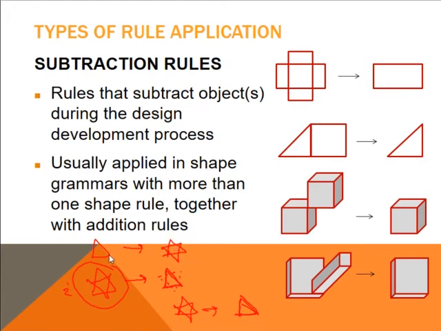For rule number 1, you have a triangle, and you apply the rule: you add another triangle in a different orientation to the original triangle, so you get a star shape. For rule number 2, you have the star shape, and you remove one of the triangles.